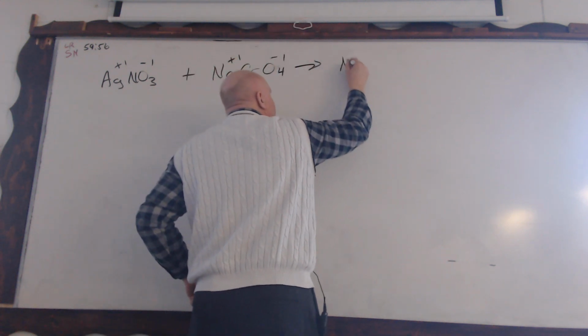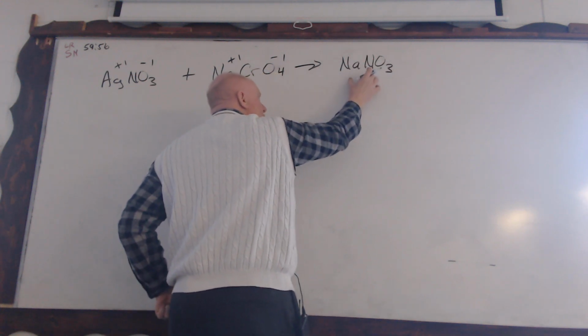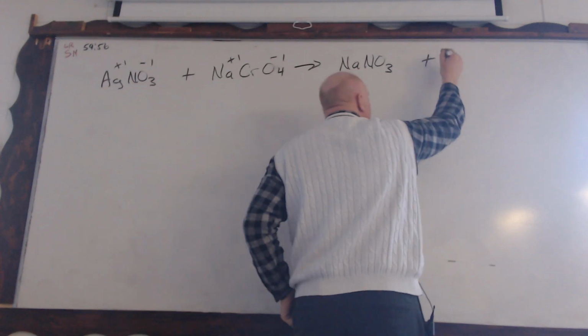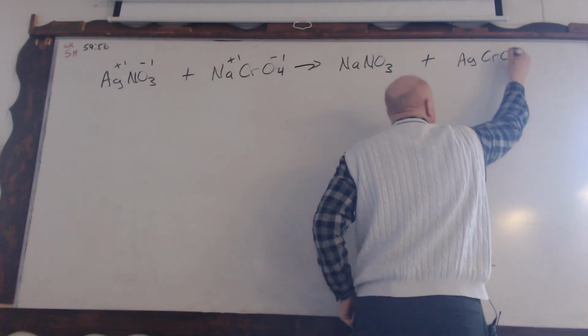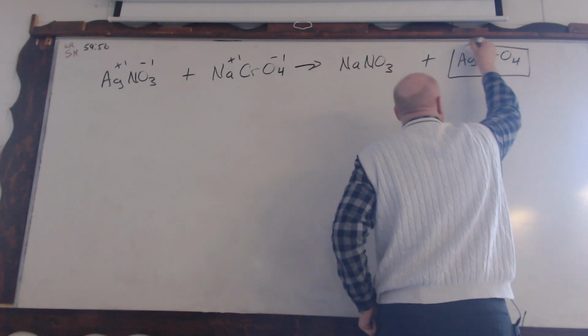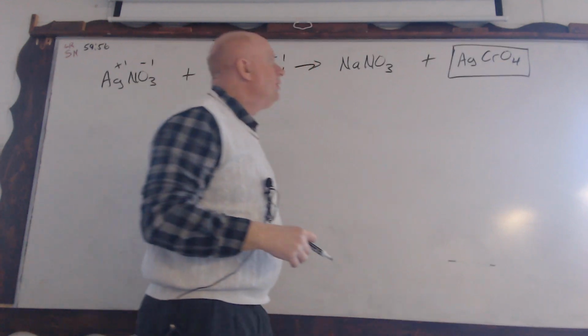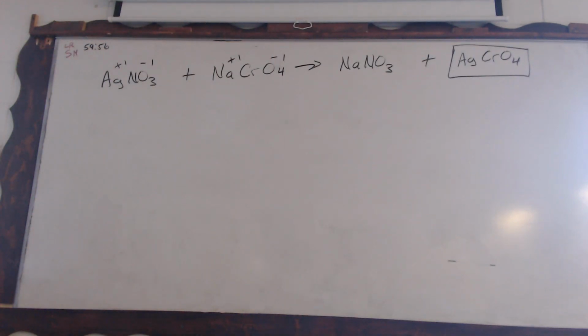So if we had some sodium nitrate, remember that's water soluble, so that's your liquid portion. And then we've got some silver chromate. Okay, so here is your precipitate. Okay, so do we want to pick one group or just make up a random number?